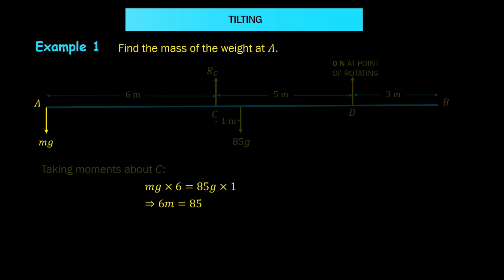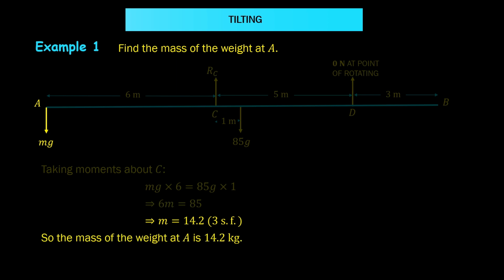Tidying up gives us 6m equals 85. And solving for m gives us 14.2 to 3 significant figures. Therefore, the mass of the weight at A is 14.2 kilograms.